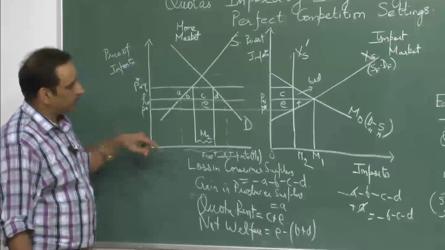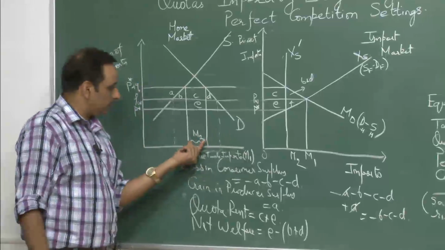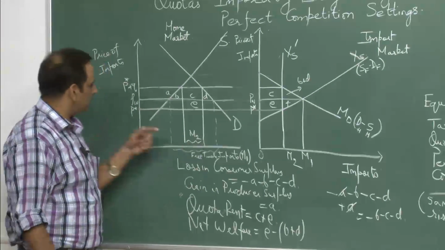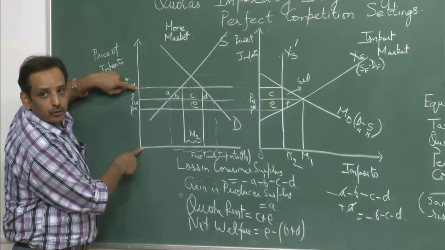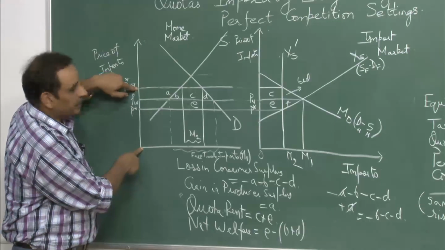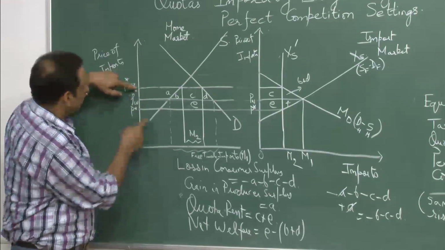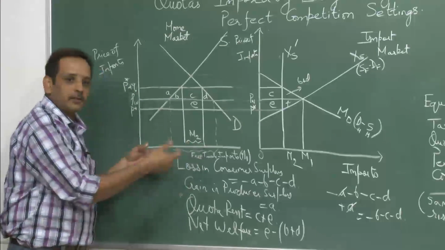So under perfect competition, you can see that you can restrict imports to M2, but the price rise will be the same whether you impose quotas or tariffs. You can always impose a quota where the price rise for the same level of imports will be the same.